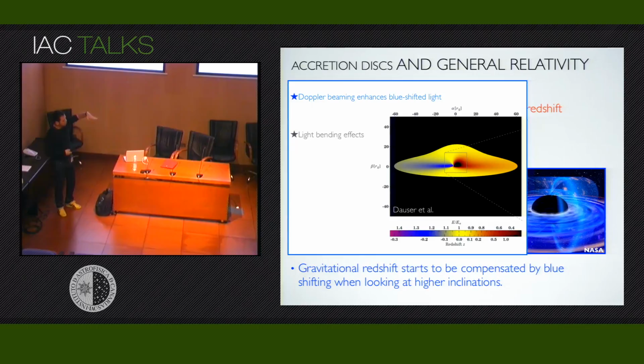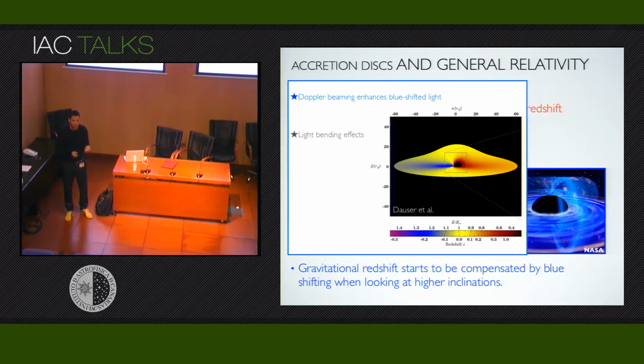So when we see the disk like this, when we see the disk edge on, we have a net blue shift effect that is going to compensate, in part, the gravitational redshift effect, but only for the systems that are seen edge on. On the other hand, you can see here that if the matter gets really close to the black hole, we also have light bending effects.